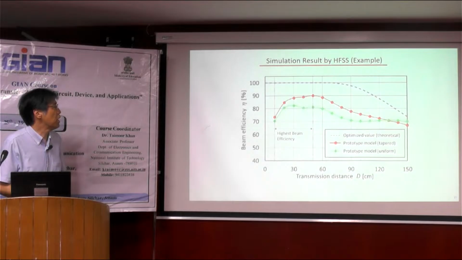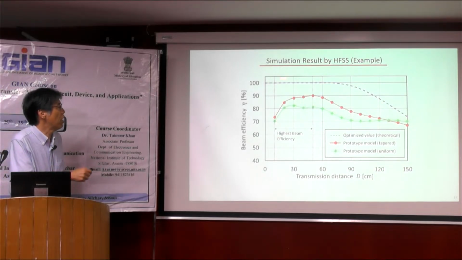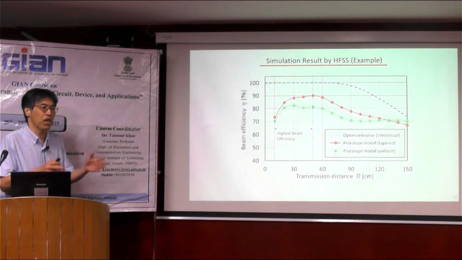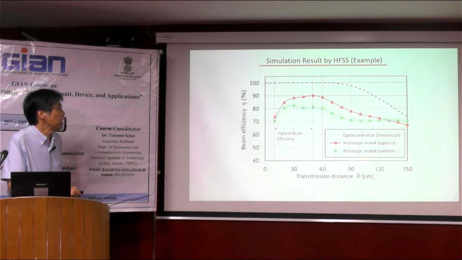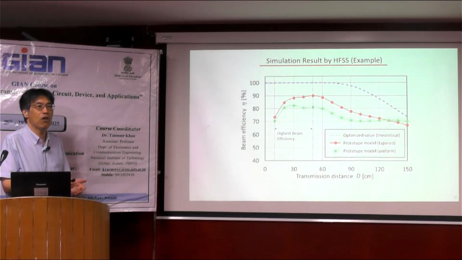And this is a simulation result by HFSS, an electromagnetic computer simulation. This is the theoretical beam efficiency without any electromagnetic coupling. This is the efficiency by the uniform transmitting antenna with change of the distance, and this red line indicates the efficiency by Gaussian taper.